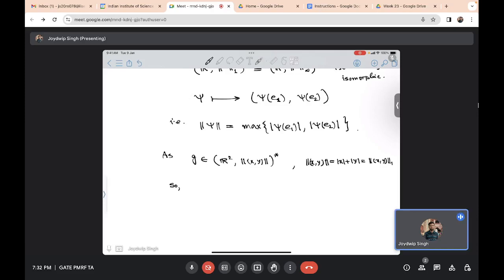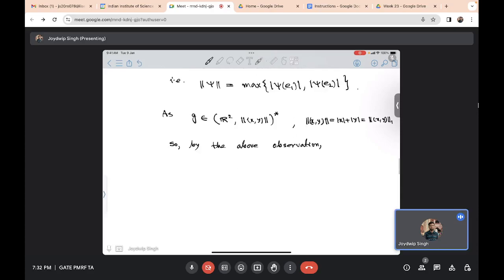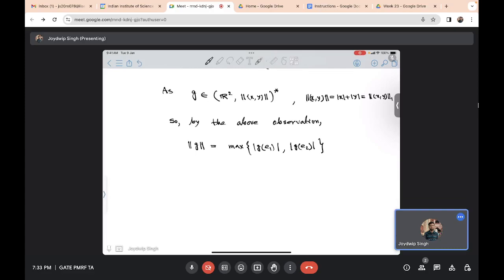So the norm of G, by the above observation, will be the maximum of mod G E1 comma mod G E2. And what is G E1?